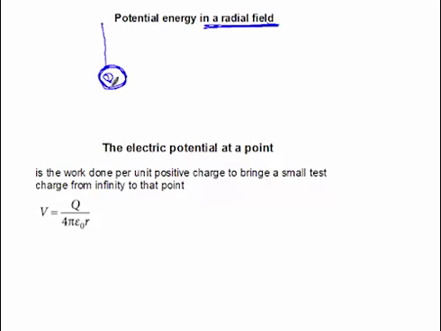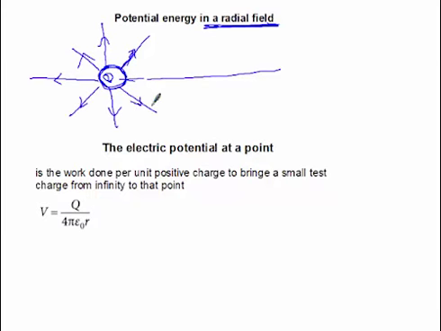These are the electric field lines directing outside, for a positive point charge or a spherical charge conductor.